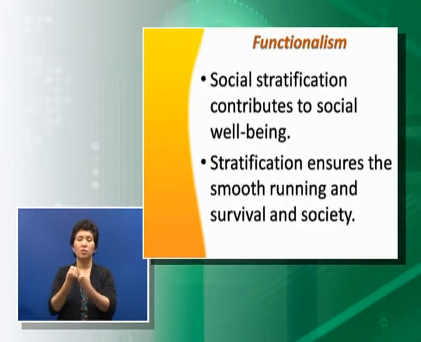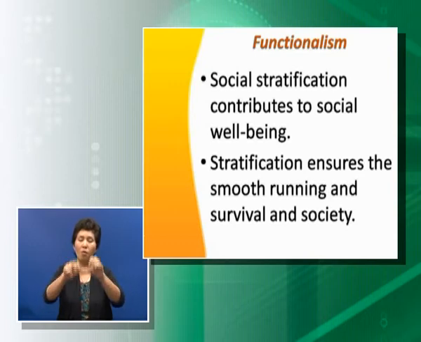The first one, functionalism. We have learned about functionalism theory, whereby it mentioned that social stratification contributes to social well-being, and stratification ensures the smooth running and survival of the society.